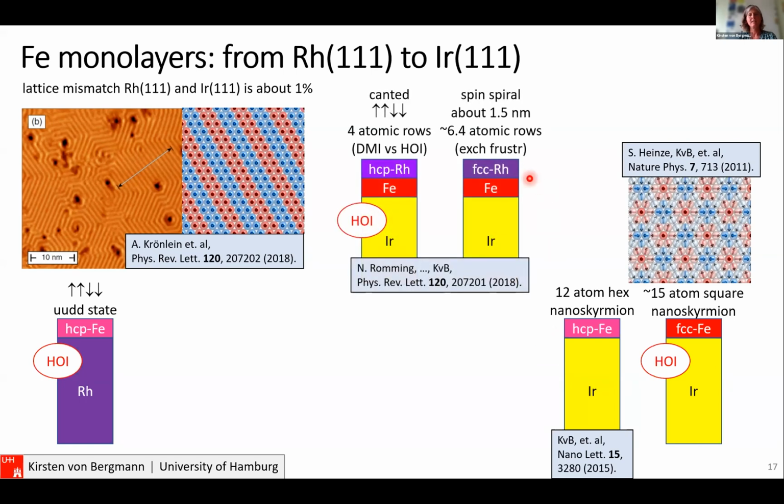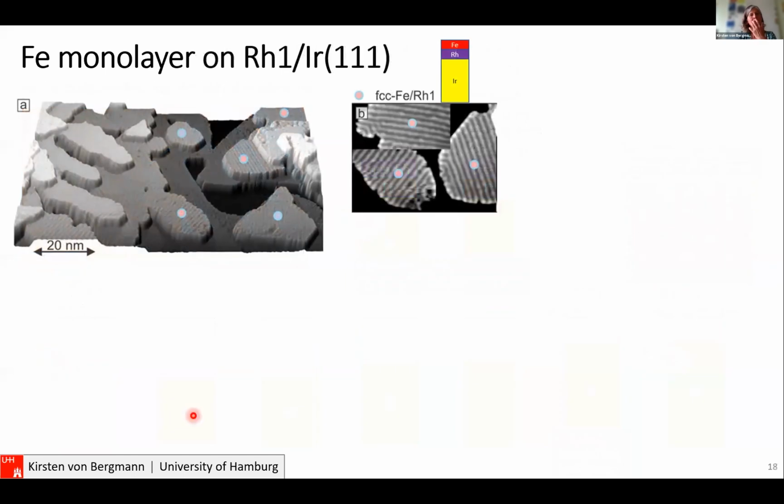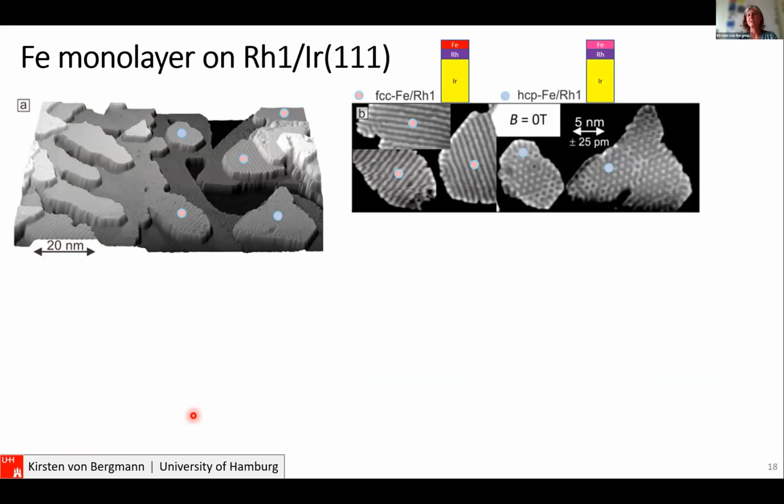So we investigated capping the iron with rhodium, and again, we've seen that there are higher order interactions that govern the state. So now we've studied these systems where we put the iron on rhodium with different backbone, basically. Looking at it, we see that in one stacking, we can get stripes. In the other stacking, we get a hexagonal state.